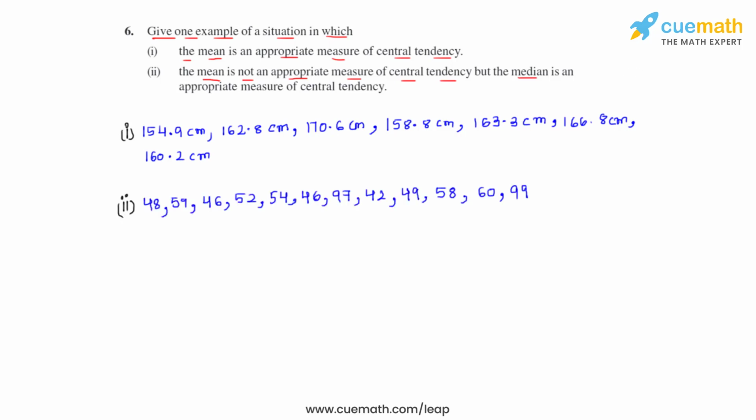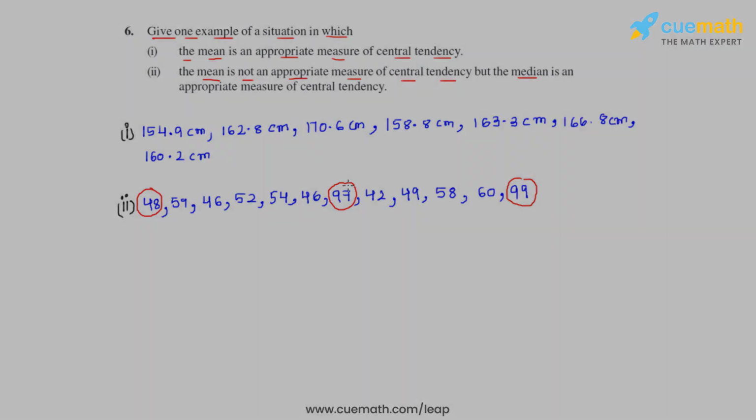The following data represents the marks obtained by 12 students in a test. So in this case, it can be observed that there are some observations which are very far from the other observations, as can be seen that 48 is very far from 99, is very far from 97. So median will be calculated as an appropriate measure of central tendency.